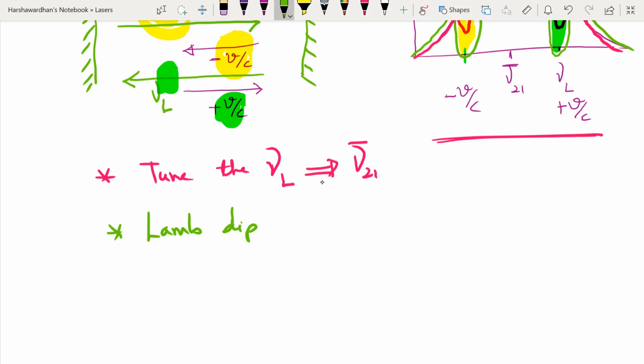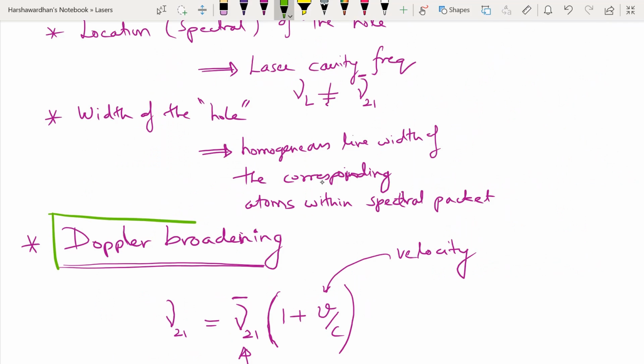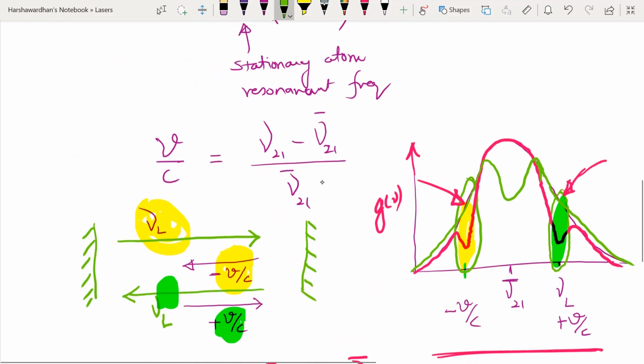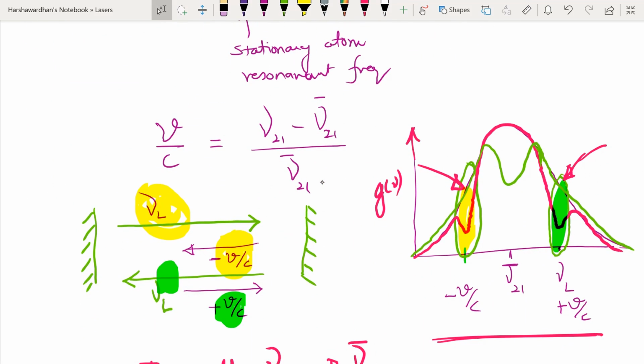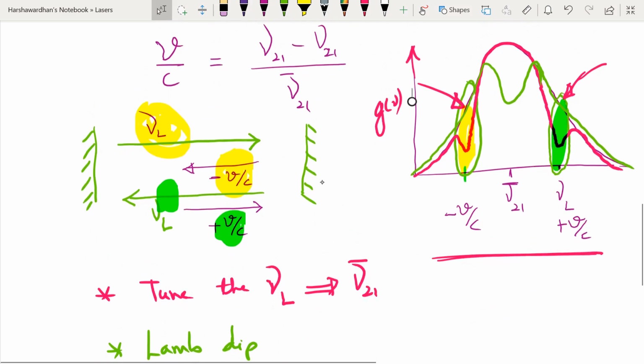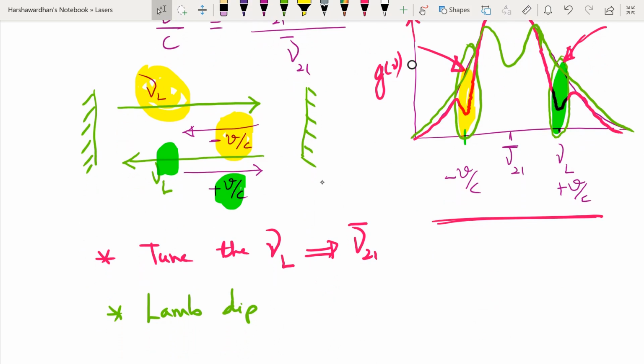Lamb actually predicted this, and this was observed. In the Doppler broadening case, you have the spectral hole being symmetrically placed about the resonant central frequency. And as you tune the laser to the central frequency, you see that there is a reduction in the gain, and you get this central dip, which is known as a Lamb dip.